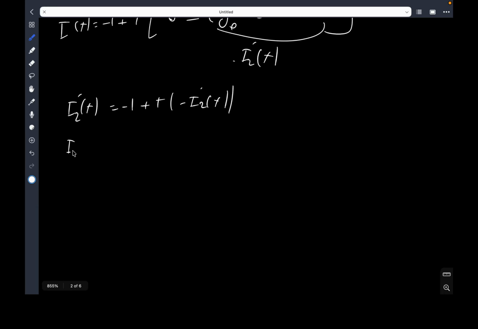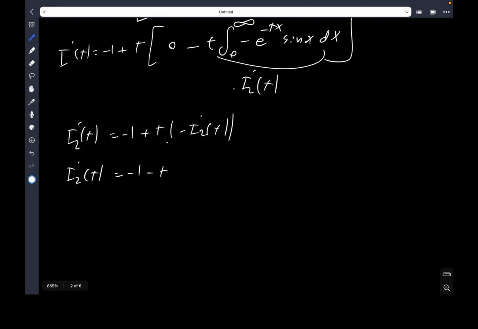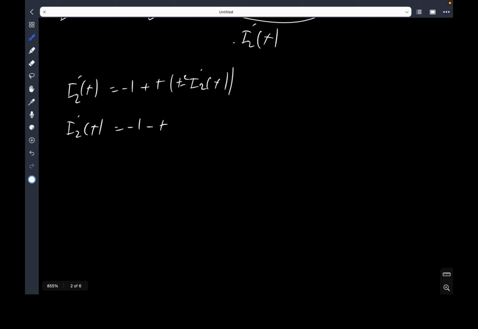And I'm going to get, forgot to put t here, so it's going to be t squared. It's going to be t squared I second prime of t.